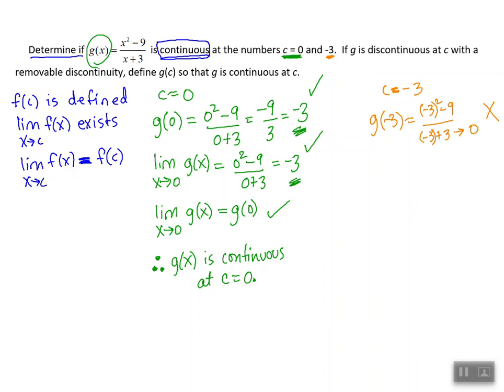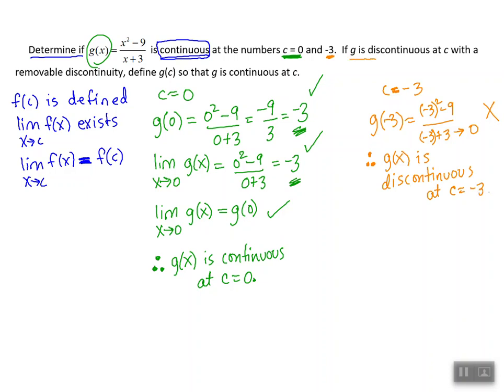Therefore, the first part of the definition of continuity fails. It is not satisfied. So just because of that first part, we can say g is not continuous, or discontinuous, at c equals negative 3.